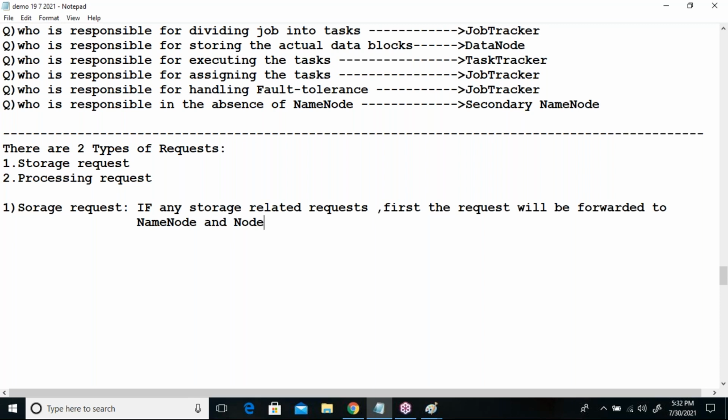And then name node should perform the following operations.